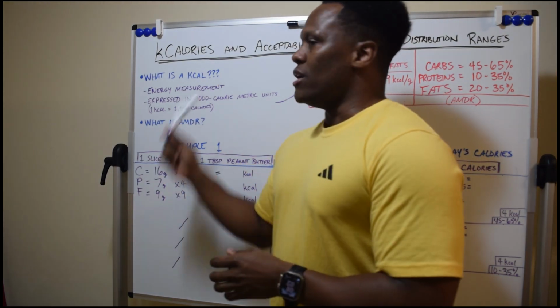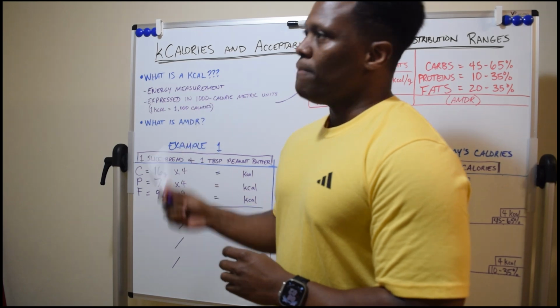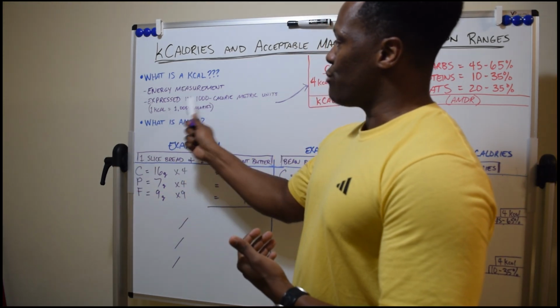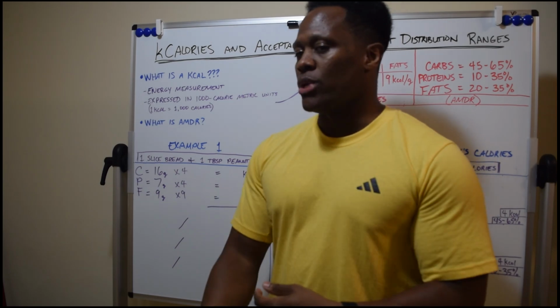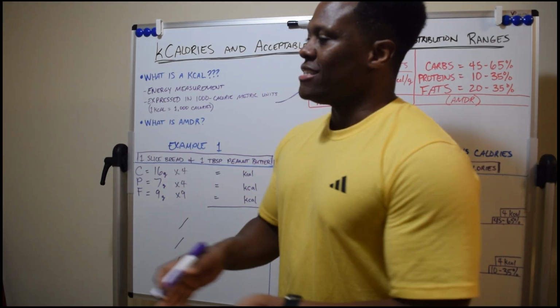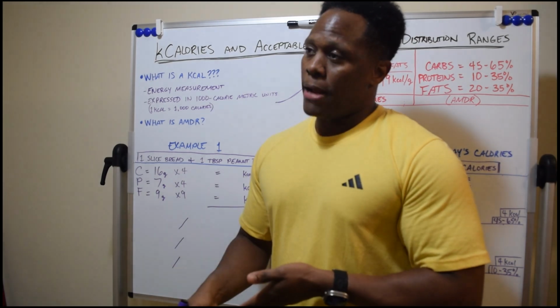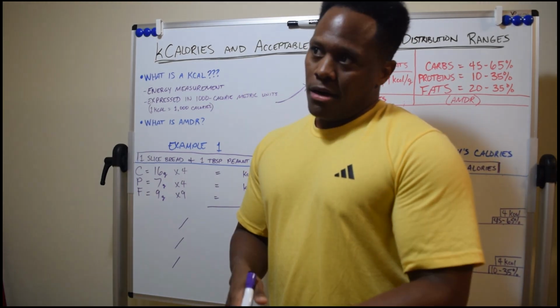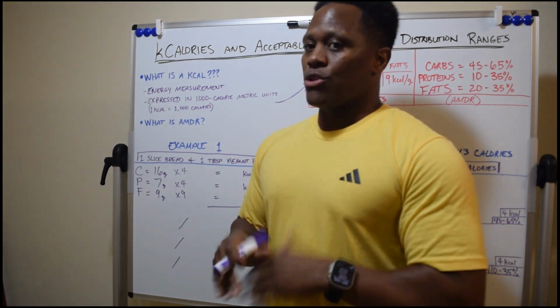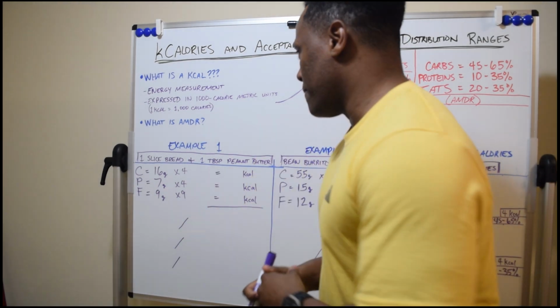So what kCal does is measure out how much carbs, proteins, and fats you get from said foods, and they are expressed in 1,000 calorie metric units. So what that means is, as I have here in parentheses, 1 kCal is equal to about 1,000 calories. kCal and calories tend to be used interchangeably, so they do mean the same thing, all right?